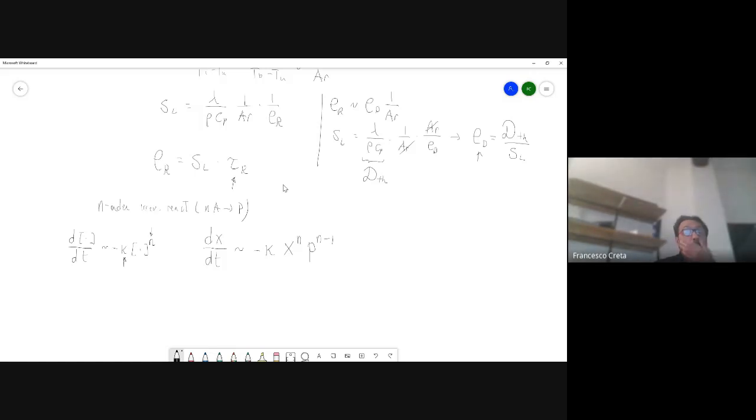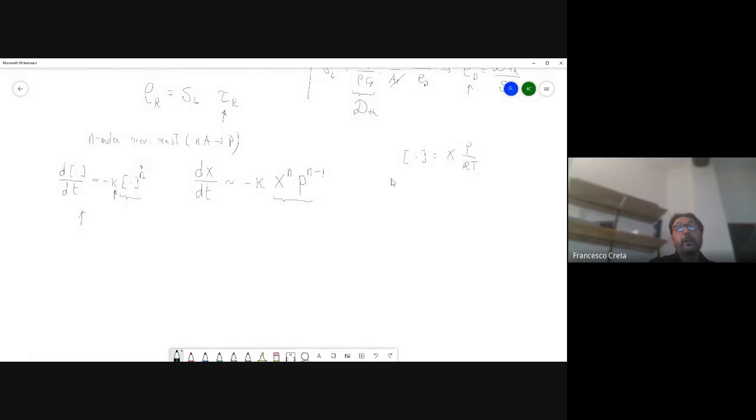If you're not convinced that this is true, this product here is the dependence on the molar concentration. Because if you remember, the molar concentration was the mole fraction times P over RT. You can plug this in here, and this is what you essentially get.